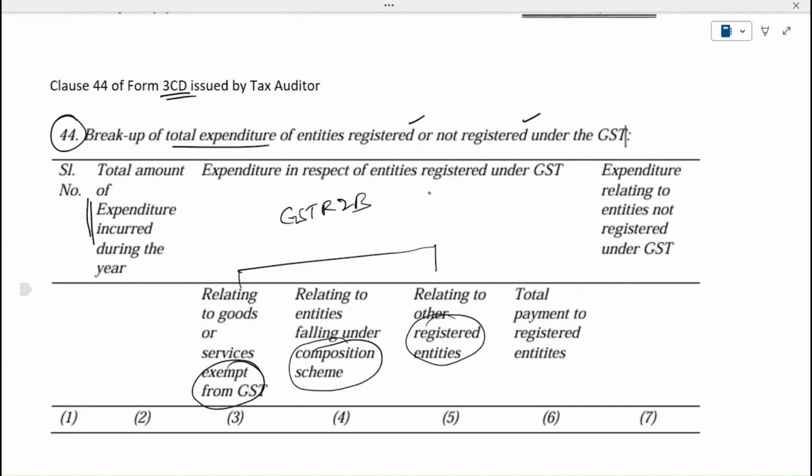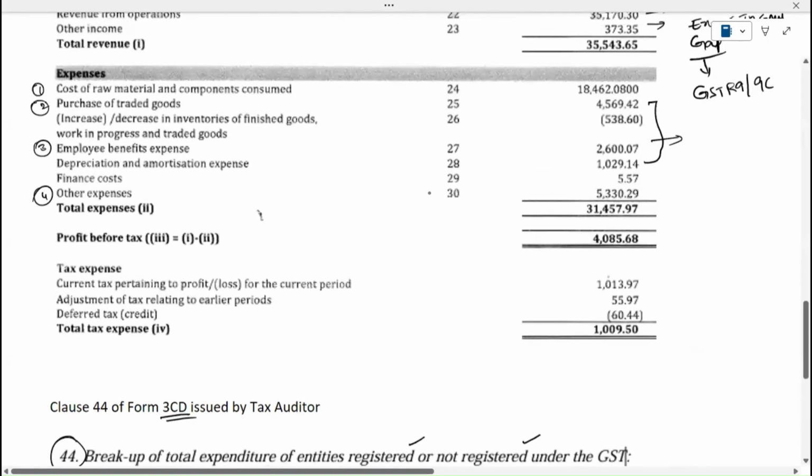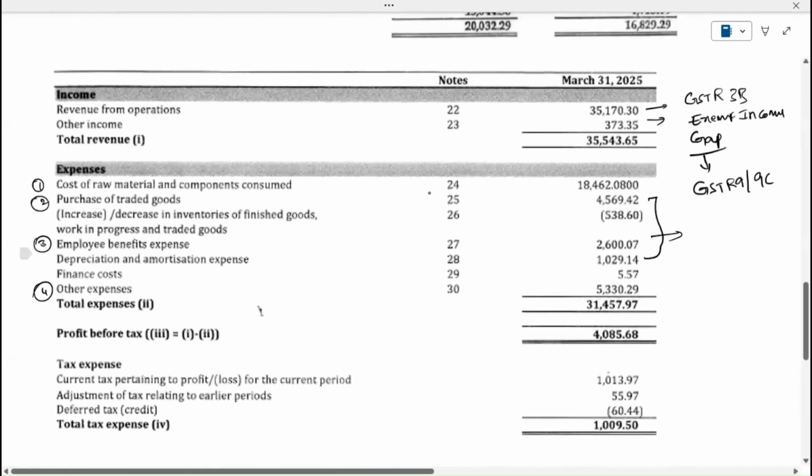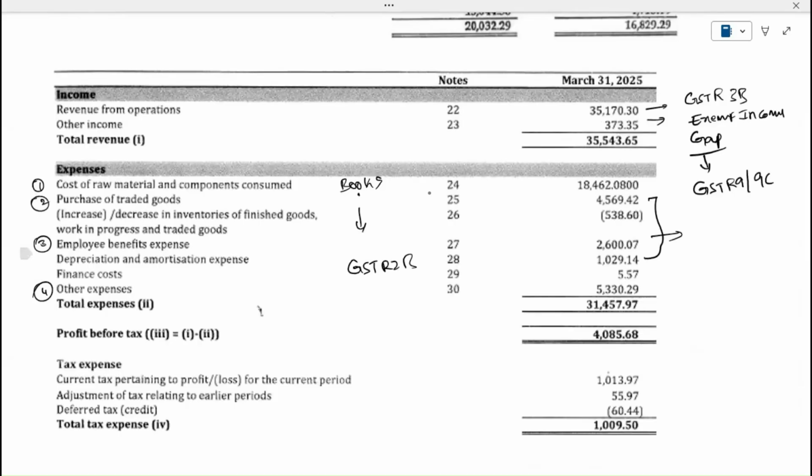Now, this is a big activity for companies and professionals when we maintain books of accounts. So our intention is to understand what is there in my books and what is there as per GSTR 2B. This we need to have a proper reconciliation.